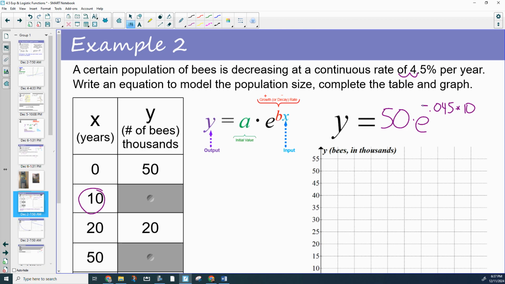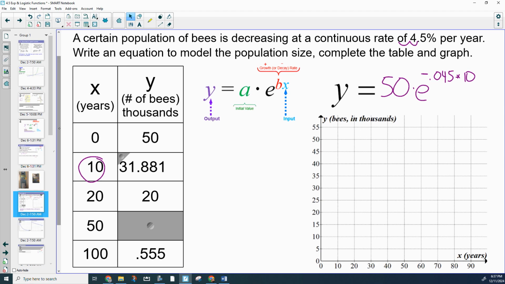If you put that in your calculator, you should get 31.88. And then if you do the same, the nice thing on the calculators, you don't have to retype that whole thing in again.